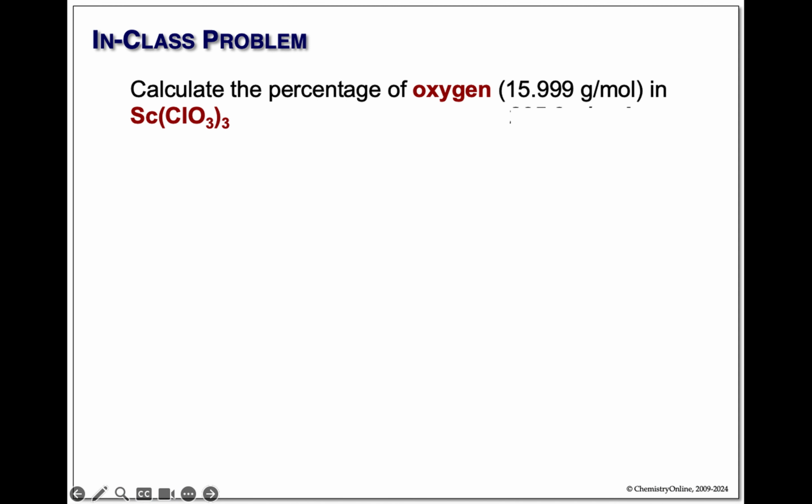Here we have a compound, ScCl3. What is Sc? Oh, there it is. By George, that's a transition metal, isn't it? That's bad news. What is Cl? It's the chlorine group, right?